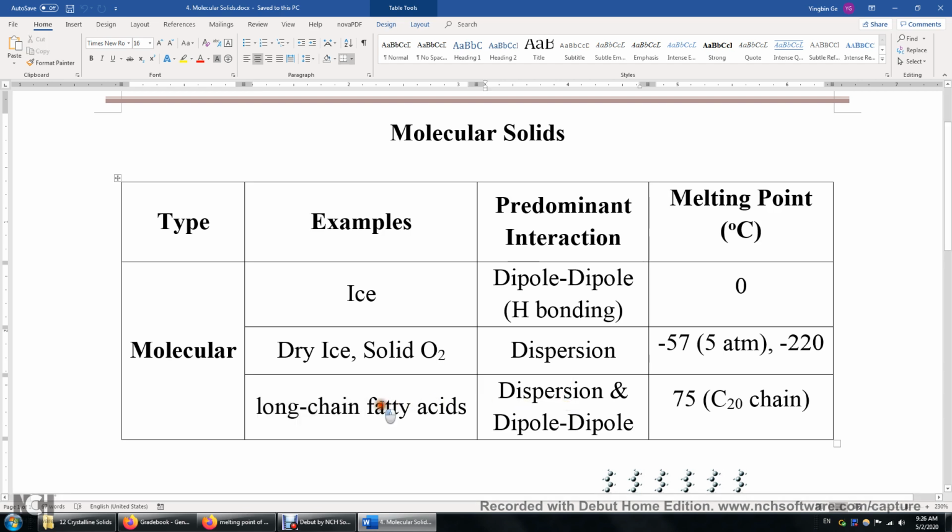And also, if we're talking about fatty acids, there are OH functional groups. In particular, it's actually so-called COOH functional group. And there are dipole-dipole interaction between those functional groups.